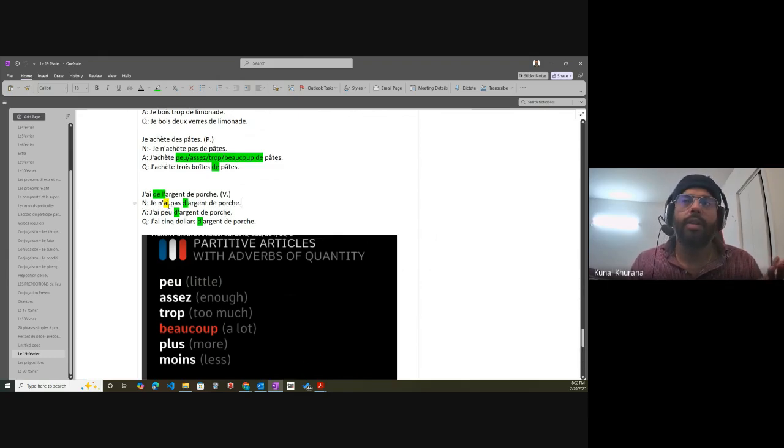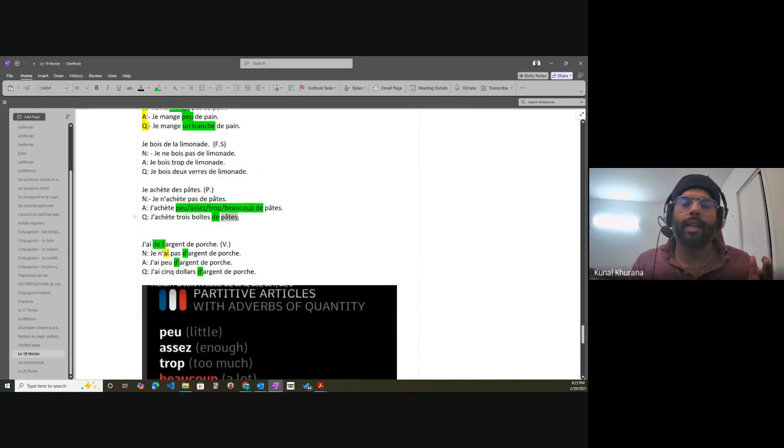But partitifs change when we have negation, when we have adverbs like peu, assez, beaucoup, plus, moins, when we have quantities that are countable. So the partitifs change to de or d apostrophe depending.